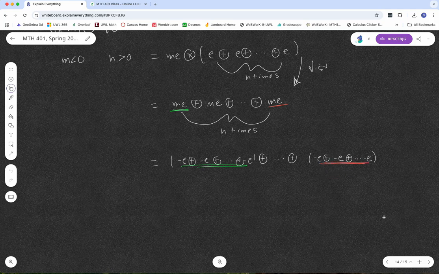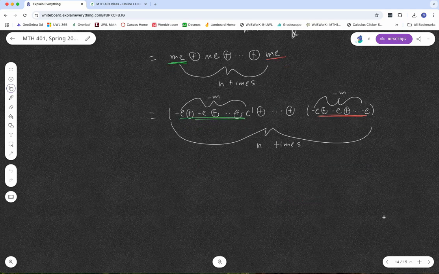That's the last one. Each one of these has negative m copies of negative e, and there are overall n copies. So how many negative e's do we have? If we drop all the parentheses and just add up all these negative e's, now we're just counting.